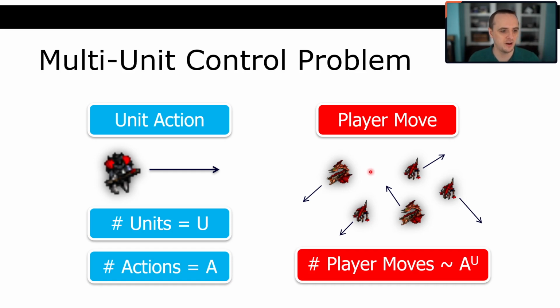So at any given time step, if you have U units, each of them having A actions, then the amount of different moves you have is exponential. It's actually A to the power of U. If you have up, down, left, right, and shoot, that's 5 actions. If you have 50 units, then the number of possible actions that you choose from on that frame is 5 to the power of 50. It's crazy, right? So it's a way harder problem in terms of search than something like Go.